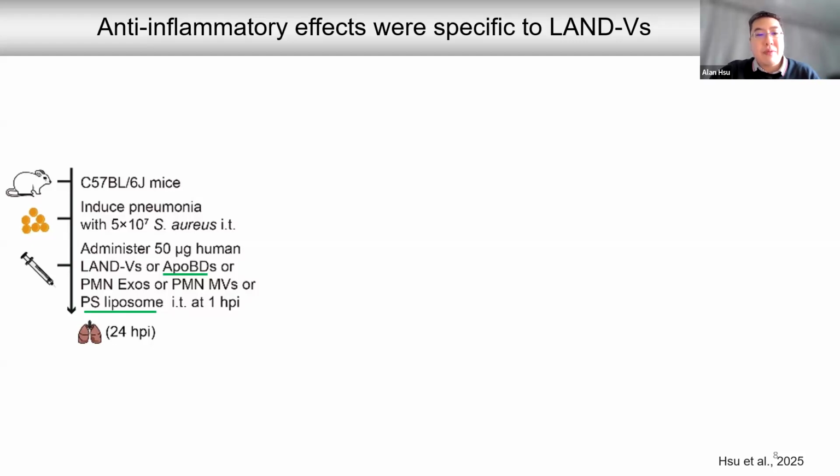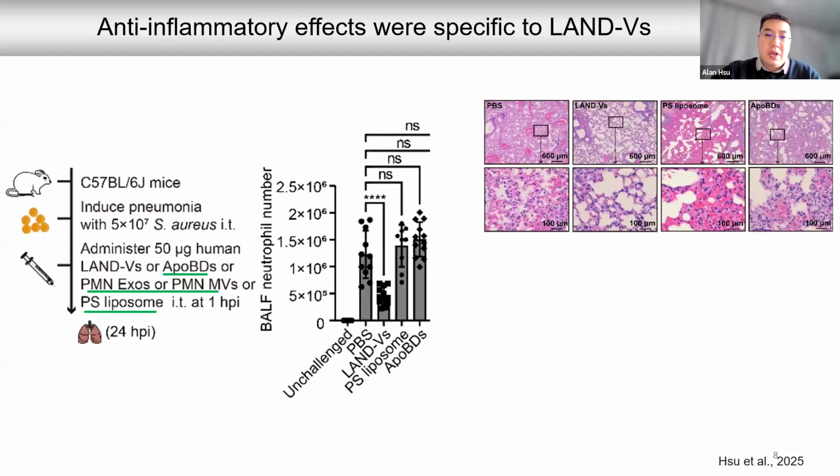So we also compared that with phosphatidylserine liposomes as well. Giving the mice equal amounts of LAND-Vs, liposomes, or apoptotic bodies, we found that only LAND-Vs could induce this anti-inflammatory phenotype, shown here in neutrophil numbers and also histology.